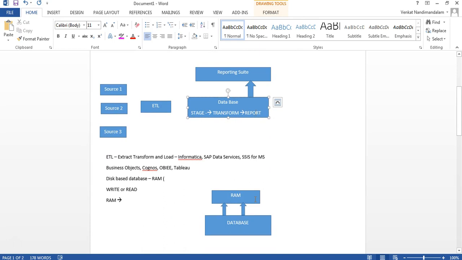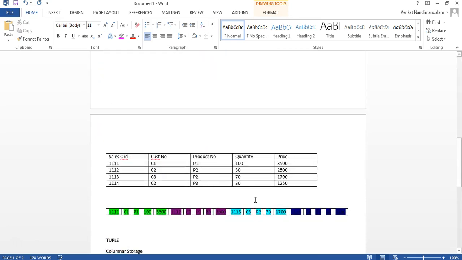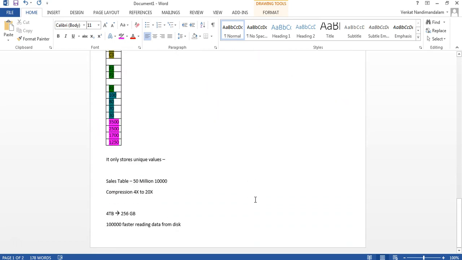You can do everything in one shot, which means when you want to make any changes in the future, you just need to make changes to one modeling object, which will give you those changes very quickly. So you have got that flexibility also with HANA.